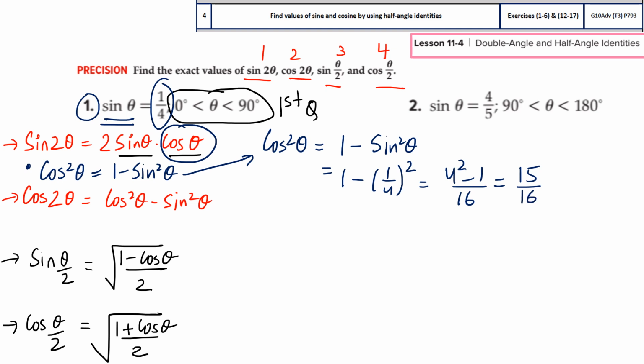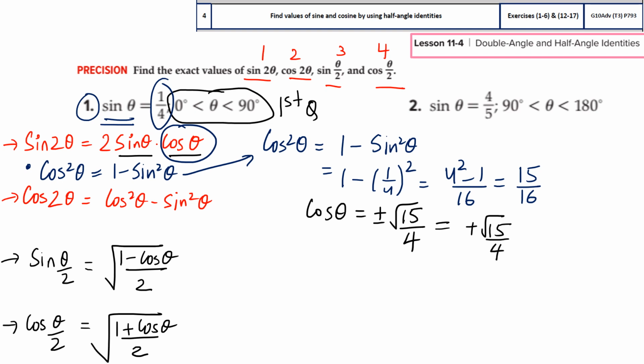Now this is cos square, but what do we need? We need cos. So therefore cos theta is going to be plus minus square root 15 over 4. Now because it is first quadrant, I will only take the positive value and reject the negative value. So this is my value for cos.